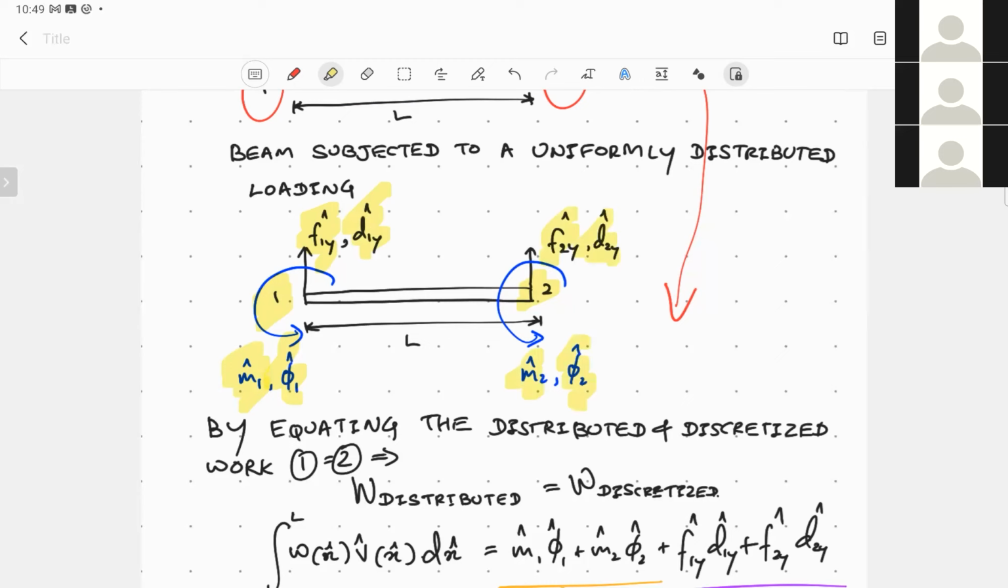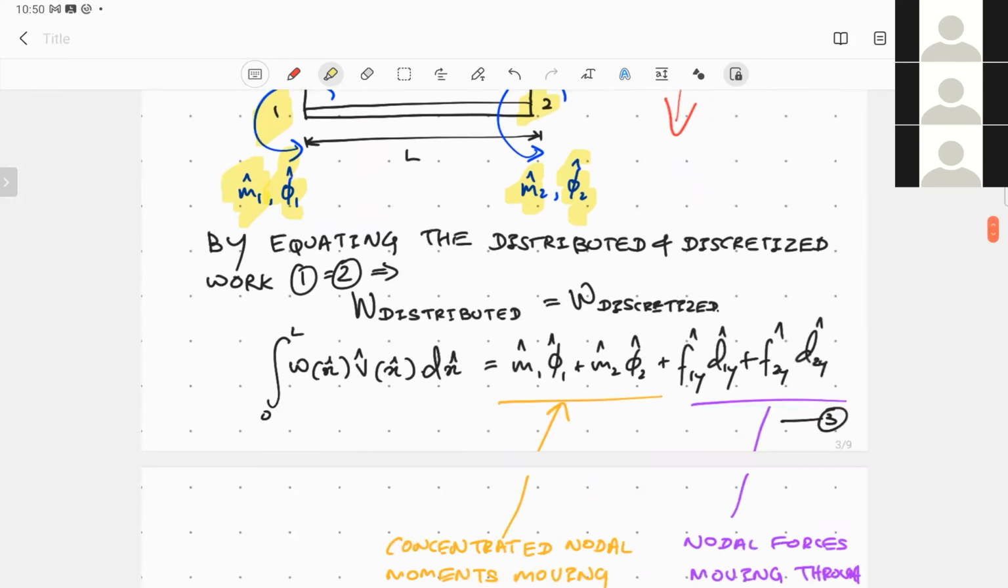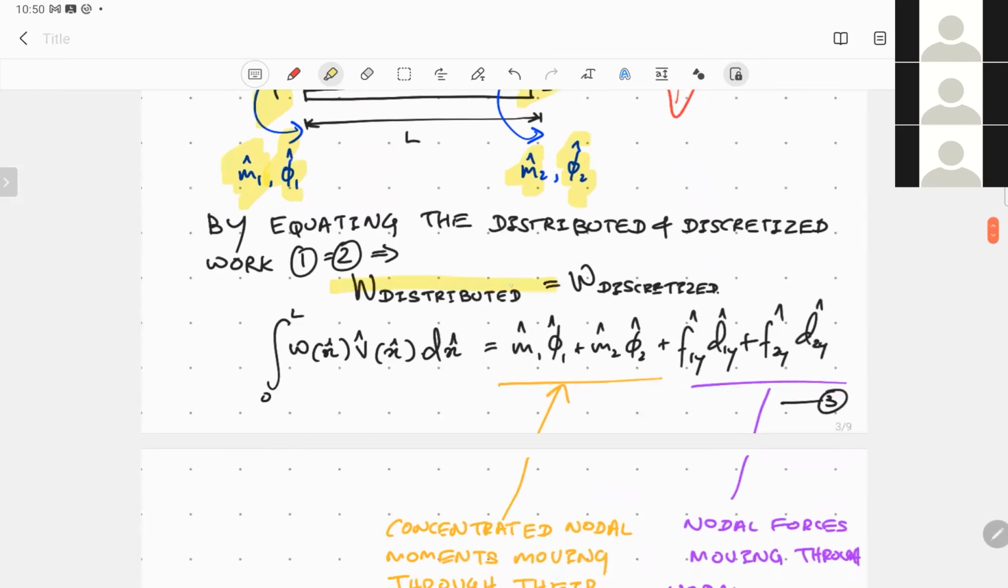So what we do is apply the principle of work equivalence by simply equating the work done by the distributed load to the work done by the discretized forces at node number 1 and node number 2. What is the work done by the distributed load? Integration over the length L of the force applied, that is Wx, and the transverse displacement given by V hat x, which is equal to the moments.